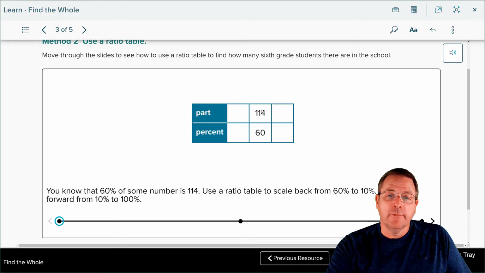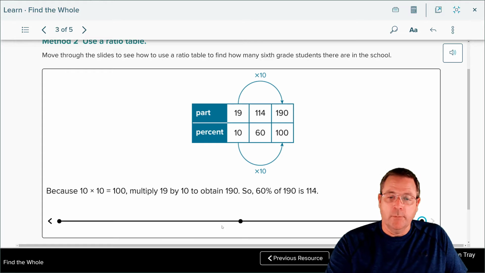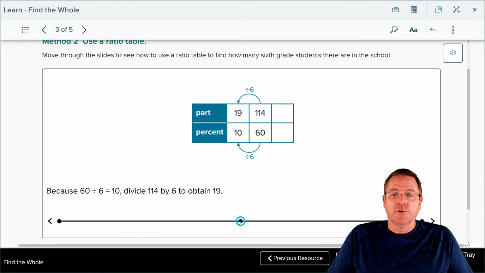So you're going to have to divide top and bottom by something that is going to give you a number on the left of 60 that you can multiply by a number so that you can get to 100% on the right of 60. And of course the goal on the left is going to be 10% again.